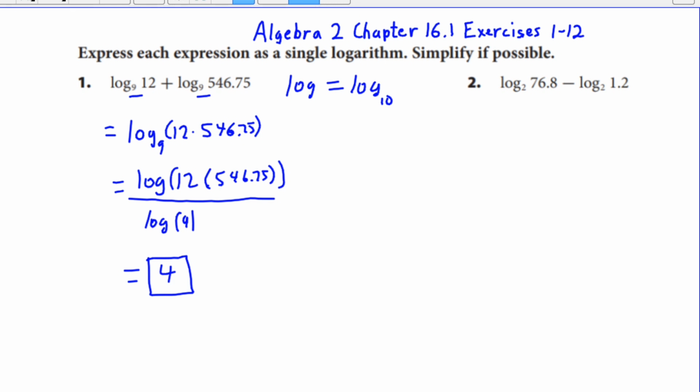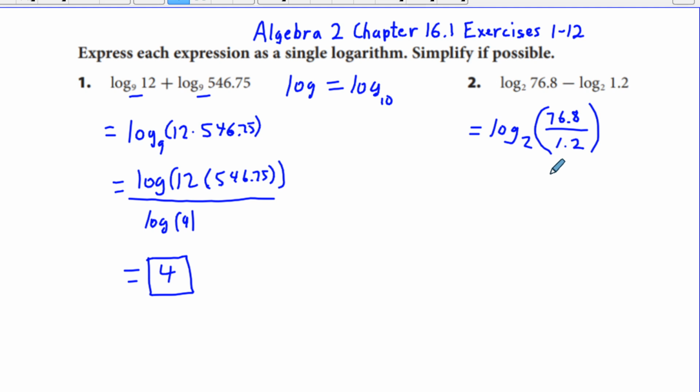And the rule we're looking at is called the quotient rule of logarithms. If you have the same base of logarithm, but it's a difference of logarithms, this can be rewritten as a single logarithm, in this case base 2, of the quotient of 76.8 and 1.2.